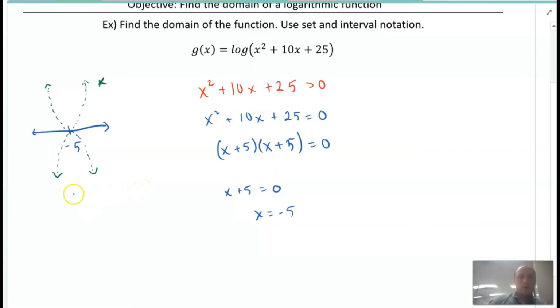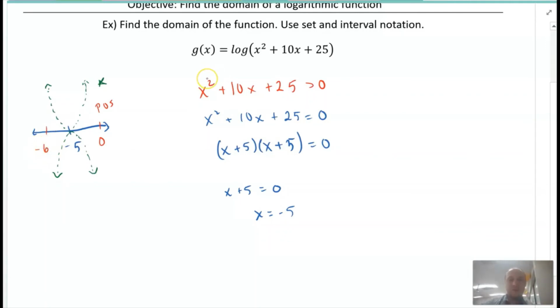So we're going to test two values. I'll test 0. 0 is over here. When I plug in 0, I get 0 plus 0 plus 25, so 25 is greater than 0. Yes, this is positive, so it's looking like this case where it's positive on both sides. Then I'm going to pick another value. Negative 6 is fine.